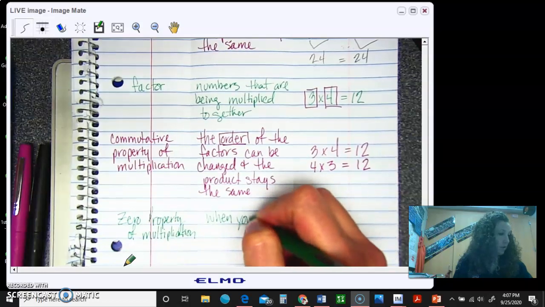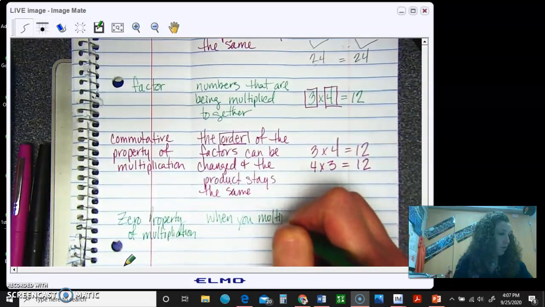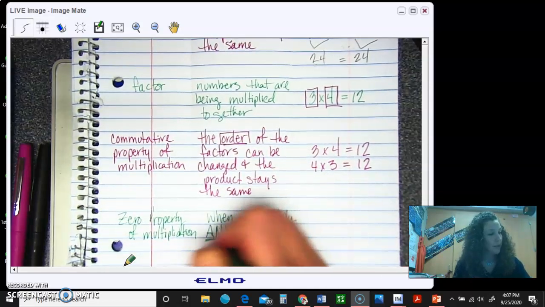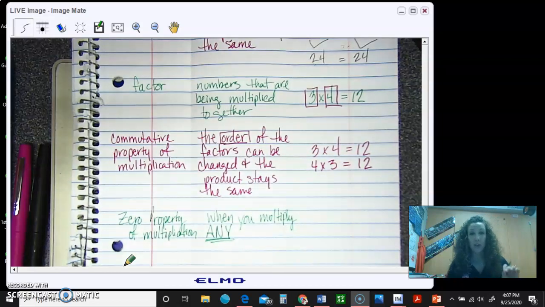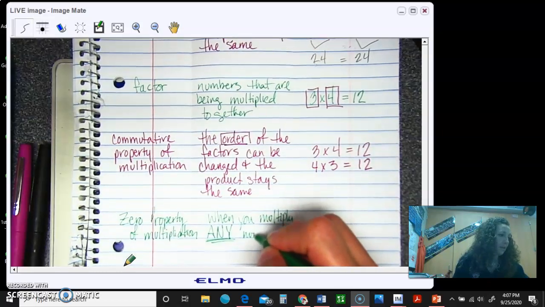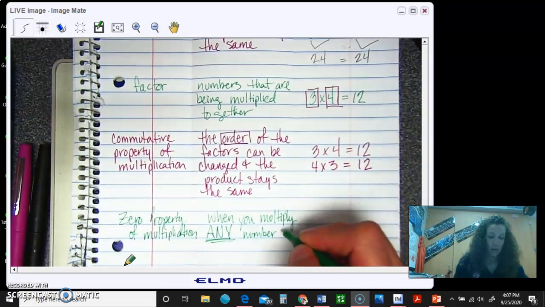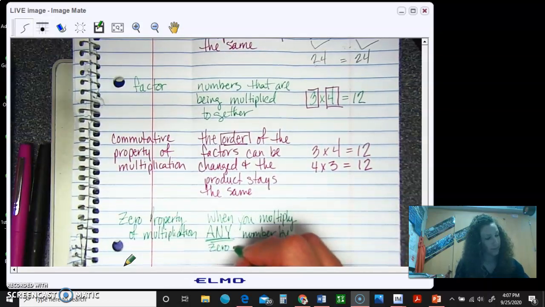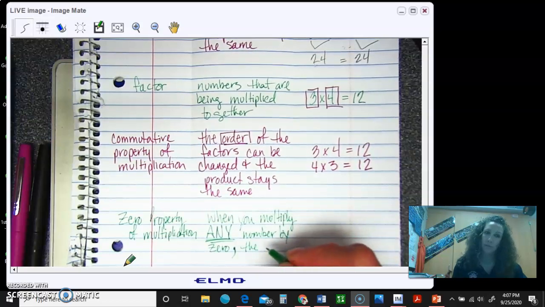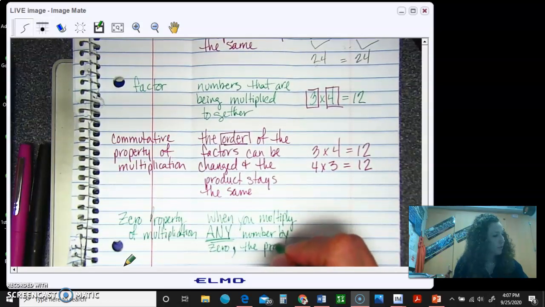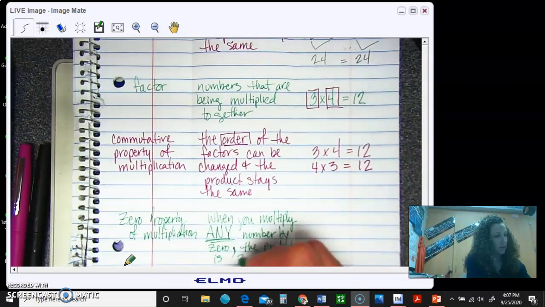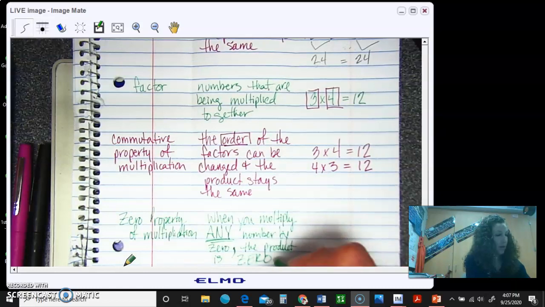When you multiply any, A-N-Y, capitalized, underlined, so for major emphasis, when you multiply any number by 0, the product, more vocabulary, product is 0, all caps.